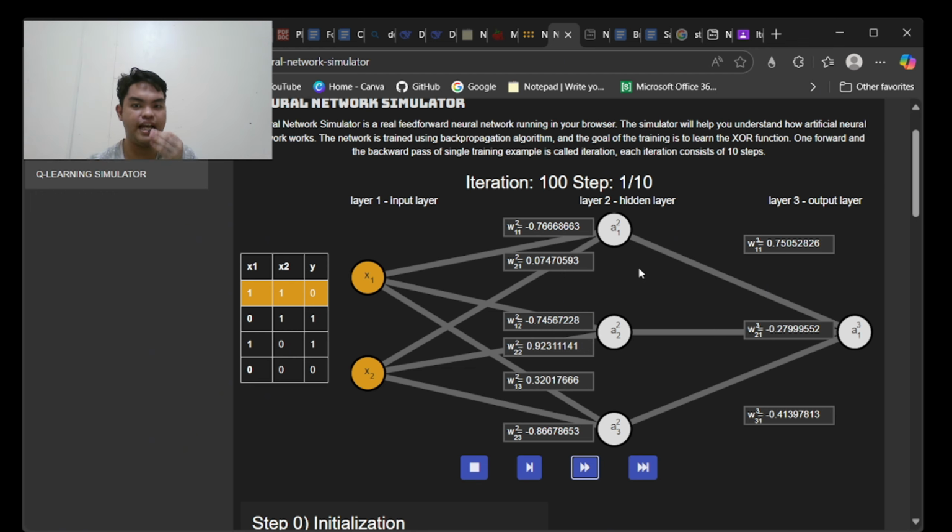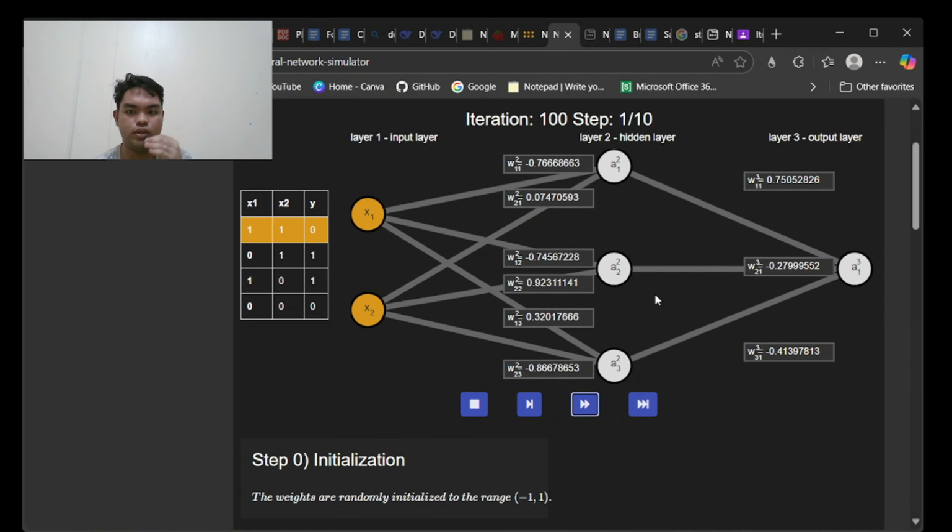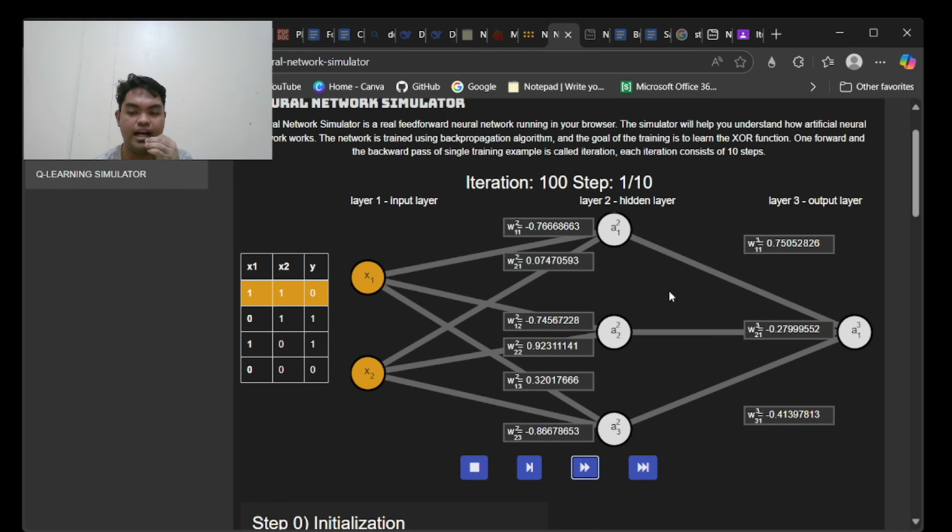Now let's answer the assignment questions based on the actual simulation results. The first question: what is the value of the activation function after 100 iterations? Let's see.